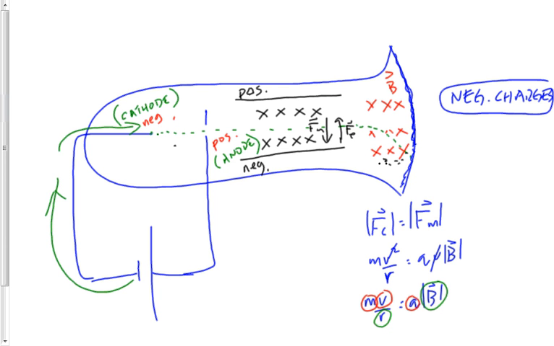But for particles that are going just the right speed, the magnetic force will balance the electric force. What happens to those particles? If those two forces are balanced, the force upward balances the force downward, what happens to those particles?